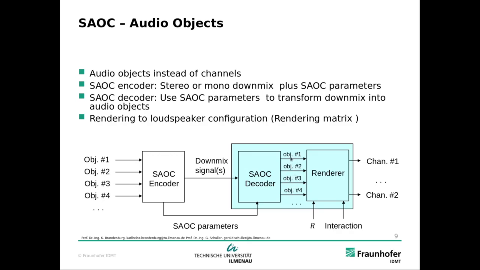This is just good enough for this renderer to be flexible at different setups at home, for instance. So on the decoding side, the parameters are used to transform the downmix into audio objects, and then the rendering to loudspeaker configurations happens in the rendering matrix.